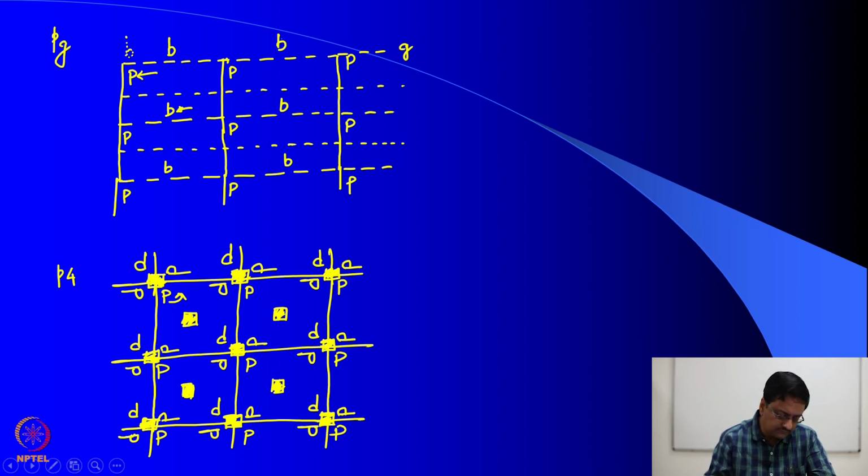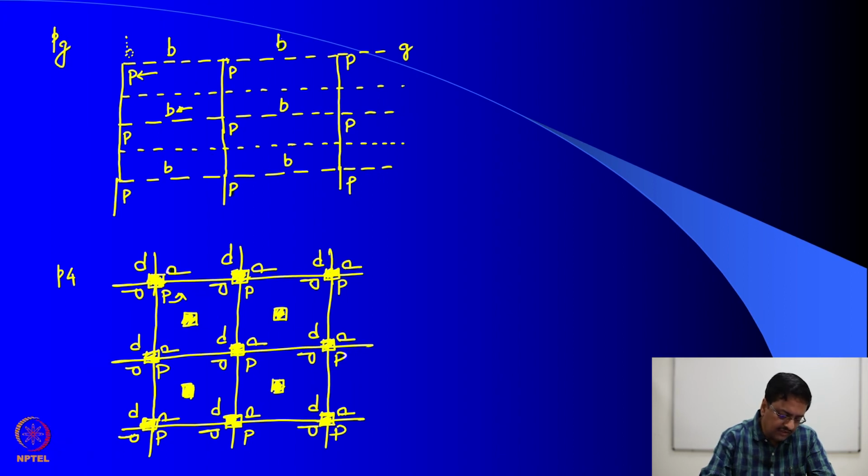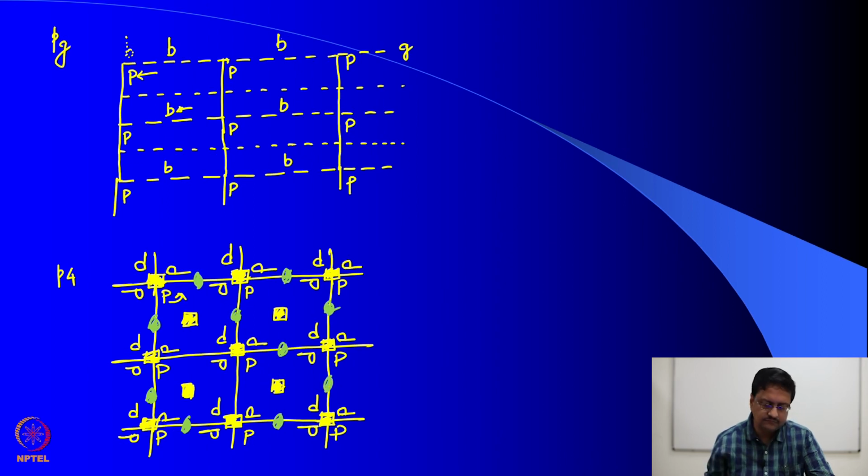And additionally, at the middle point of the edge, a two-fold has got generated at the midpoint of all the edges. Right? So here P4 has given rise to new two-fold symmetry.